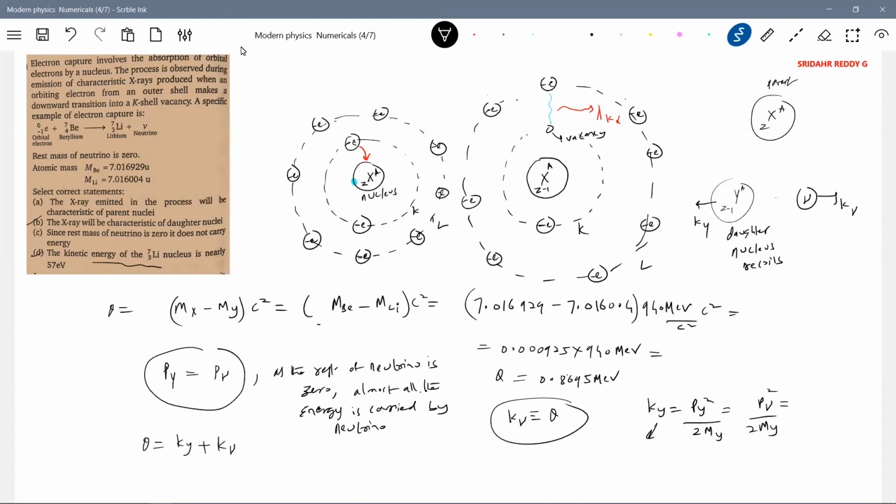We can't bring it, I think. K neutrino is here. Ky, I can write it as Py square by 2my. Kinetic energy of the neutrino will be, we don't know mass of the neutrino. We can't express. But how has this option D been picked up?